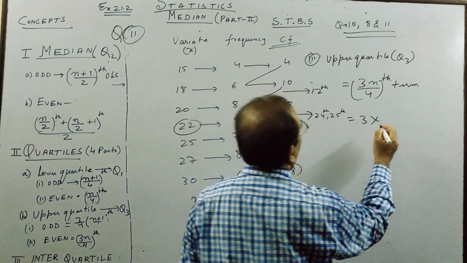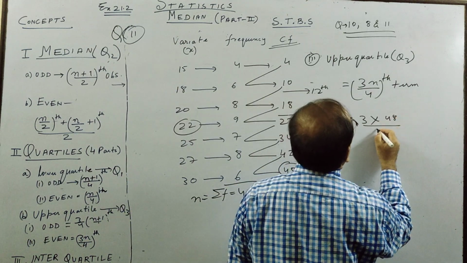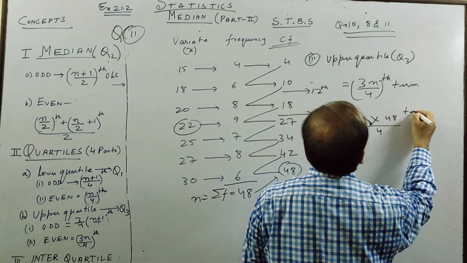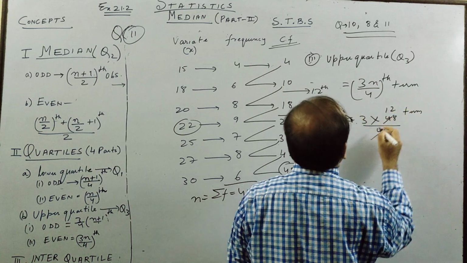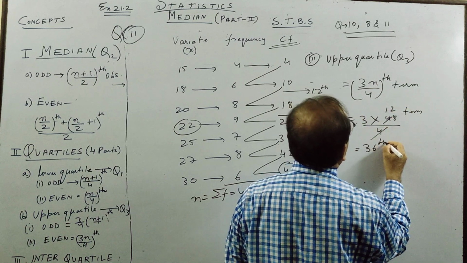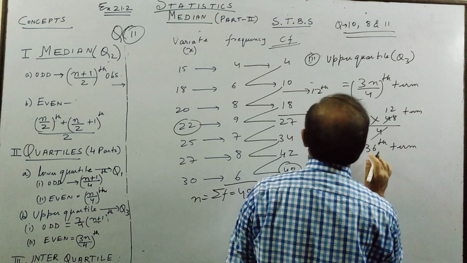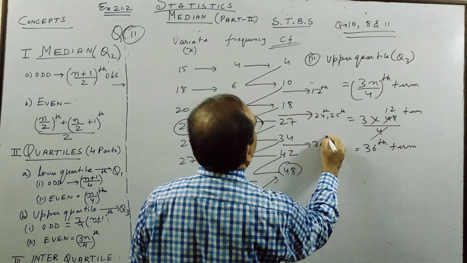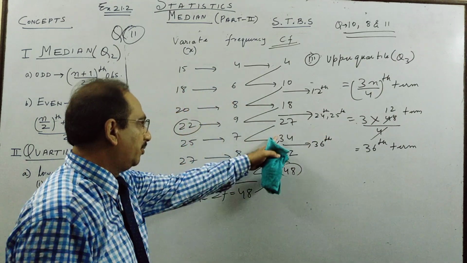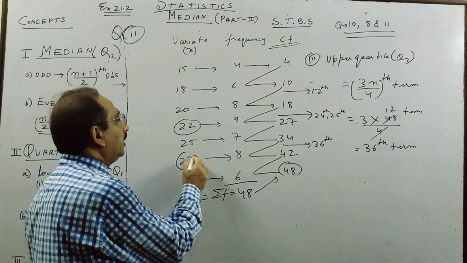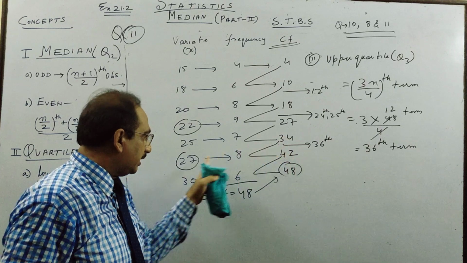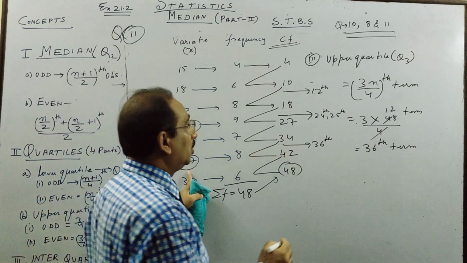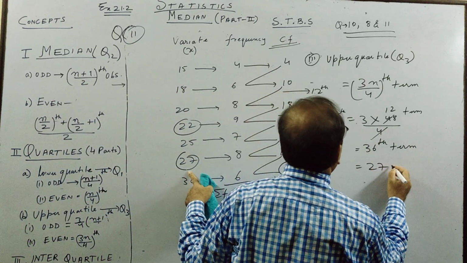So this term is the 36th term. This is not the answer. 36th will come here. Between these two, take the upper value. This is Q3. So it is 27.